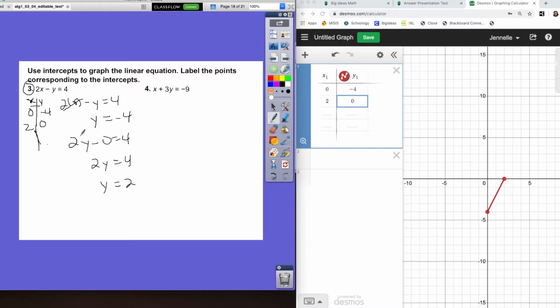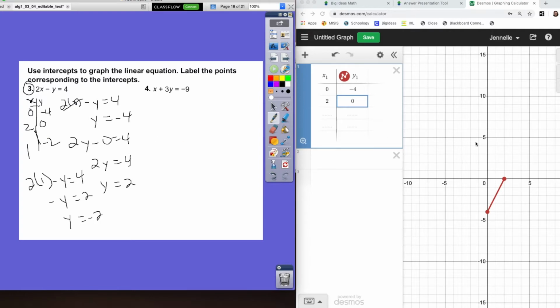If you look at my graph here, if I put in 1, my answer should come out to be negative 2. So let's see if that works. If I plug in 1, the answer should come out to be negative 2. So 2 times 1 minus y equals 4. Subtract 2 from both sides, so negative y equals 2. Divide by negative 1, so y equals negative 2.